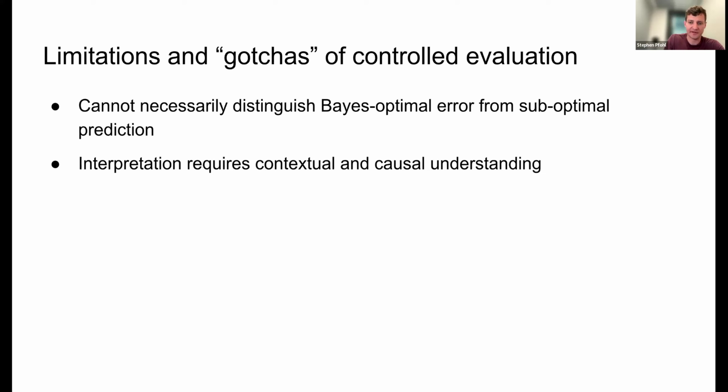In other words, these evaluations can tell you when there's heterogeneity in the error across subgroups after conditioning on a confounder, but they cannot tell you what portion of that error is fundamental to the data distribution versus components that are due to failing to model the data distribution.